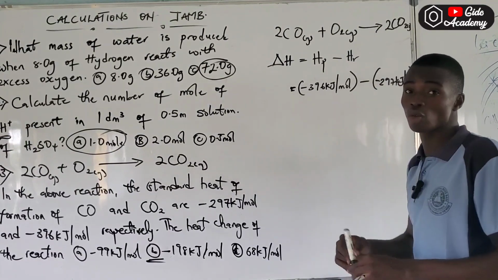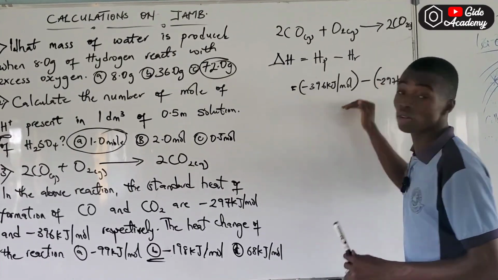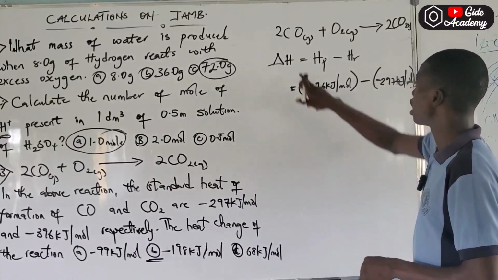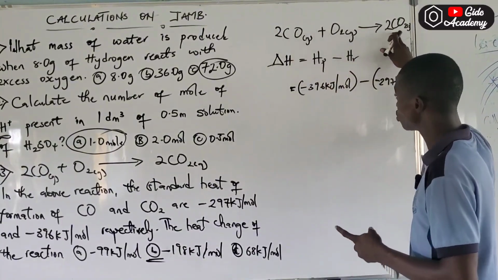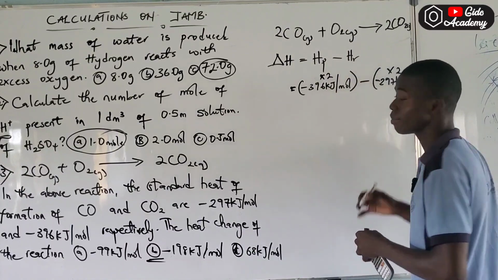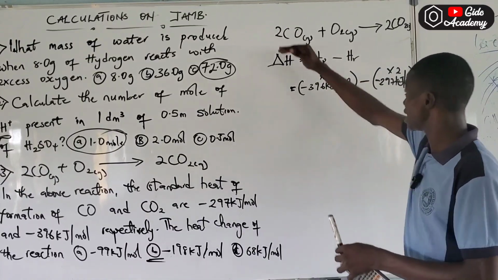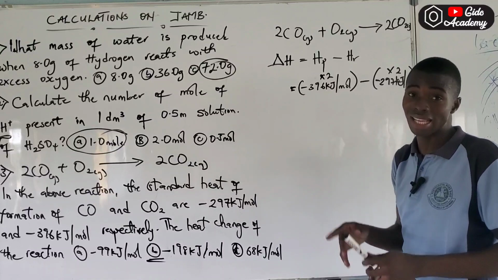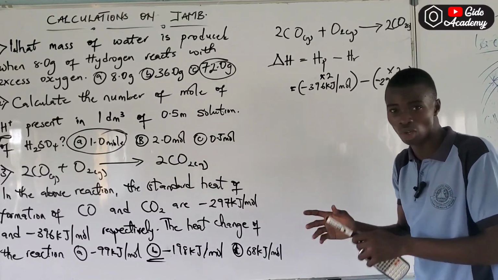Now, most of you will work with this, but this is wrong. What you are expected to do is that we have 2 moles here and we have 2 moles here. So here will be multiplied by 2. This place will also be multiplied by 2. Assuming here is 3, here will be multiplied by 3. That's the answer for a balanced chemical equation.